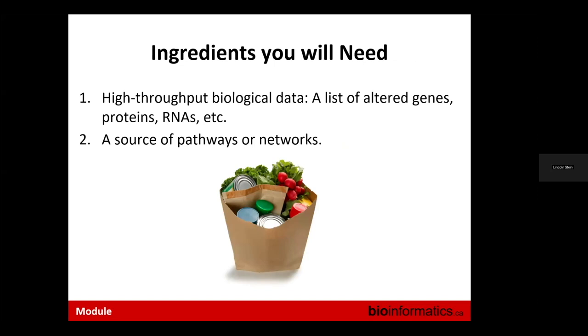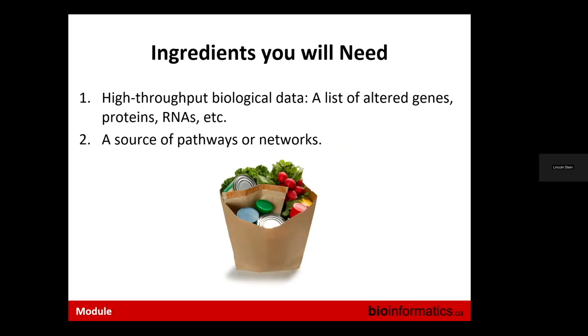So basically, you only need two types of ingredients to do pathway network analysis. You need a high throughput biological data set, such as a list of altered genes, proteins, or RNAs.